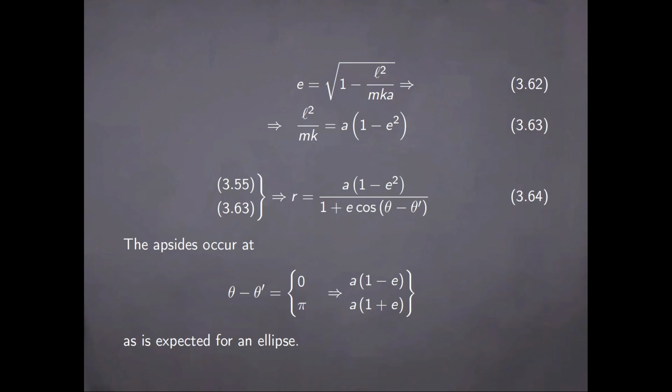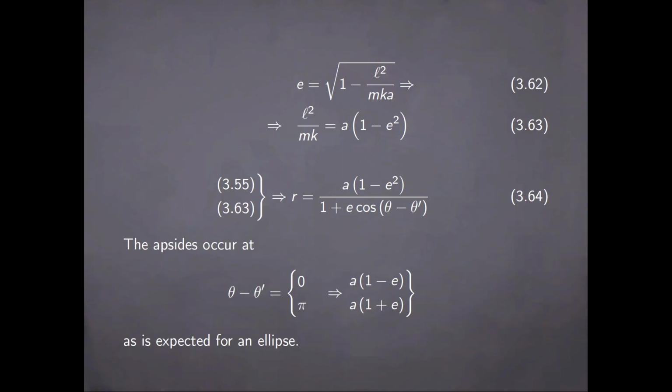And now if we plug equation 355 in here, we can recover the orbit equation in a slightly different form, which allows us to make the following two observations, namely that the apsides will occur when theta minus theta prime is equal to 0, which just gives a radius equal to a multiplying 1 minus e, which would be the perihelion.